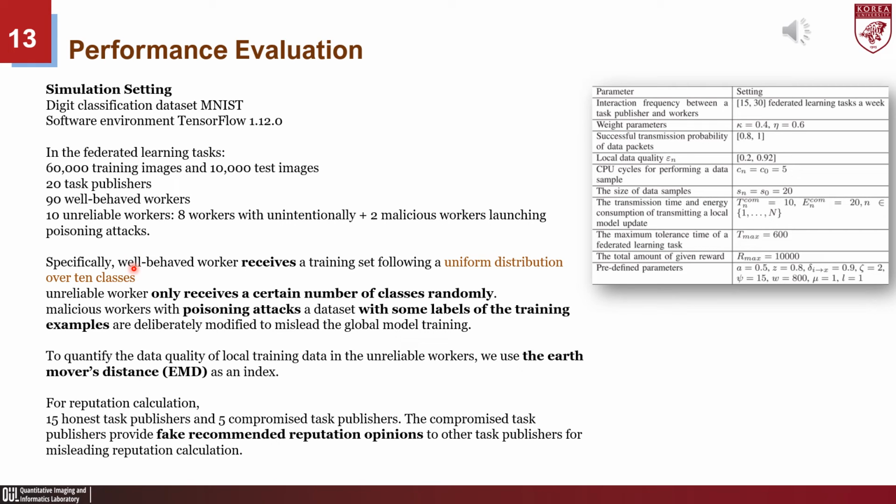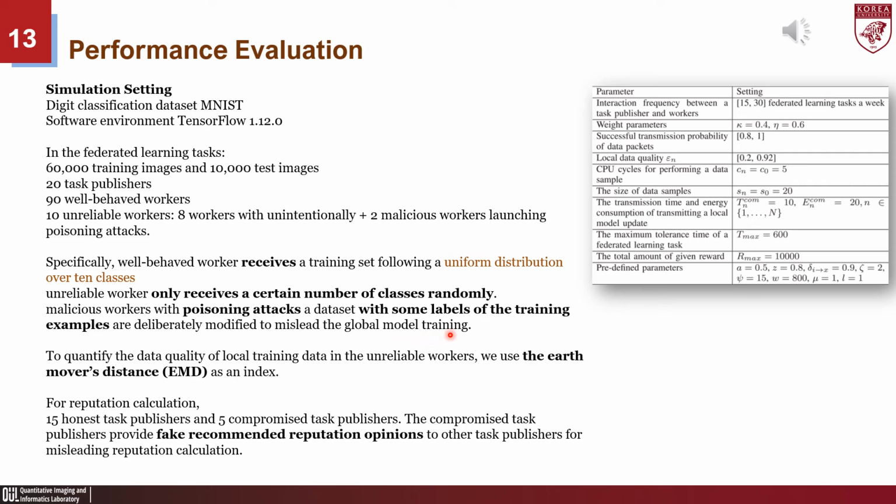Specifically, well-behaved workers receive a training dataset following a uniform distribution over 10 classes. Unreliable workers only receive a certain number of classes randomly. Malicious workers with poisoning attacks receive a dataset where some labels of the training examples are deliberately modified to mislead the global training.